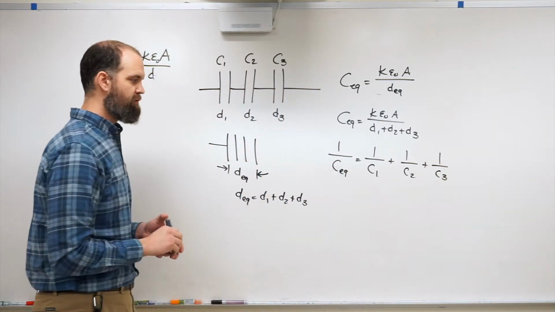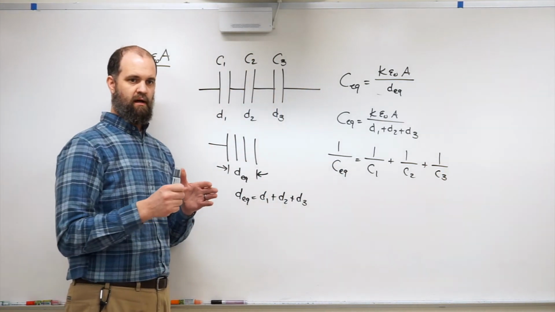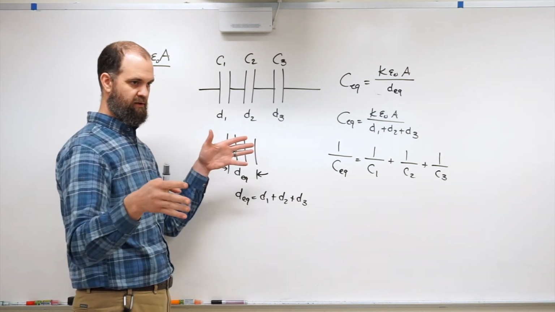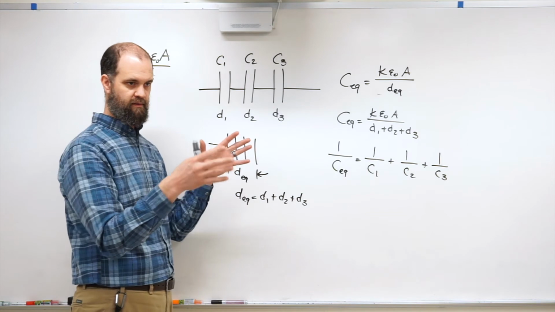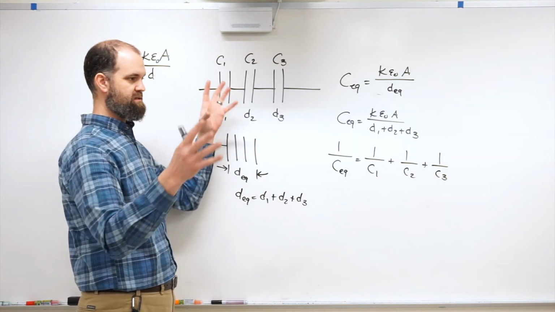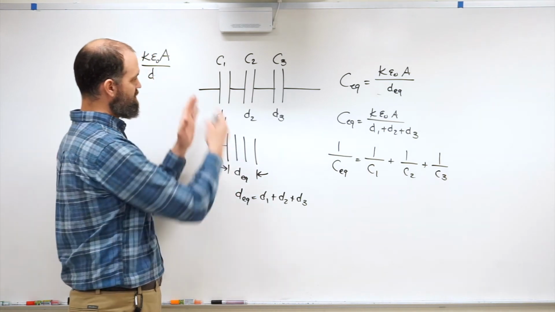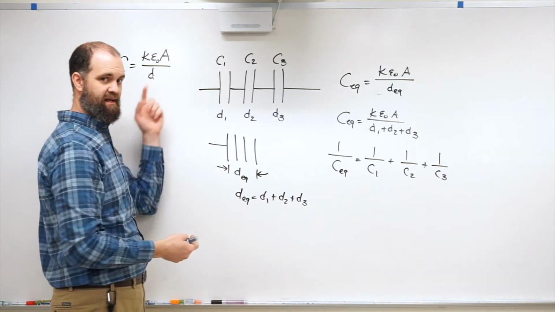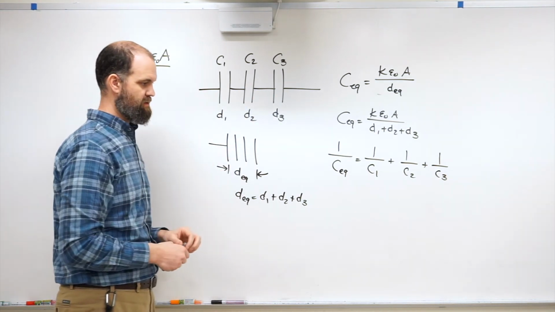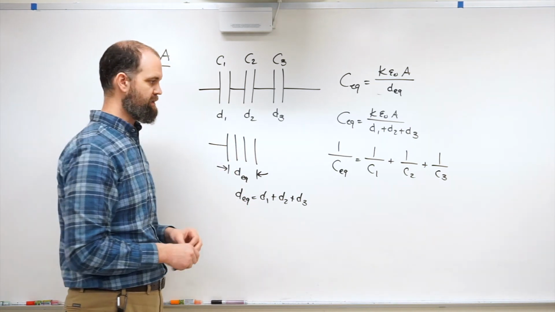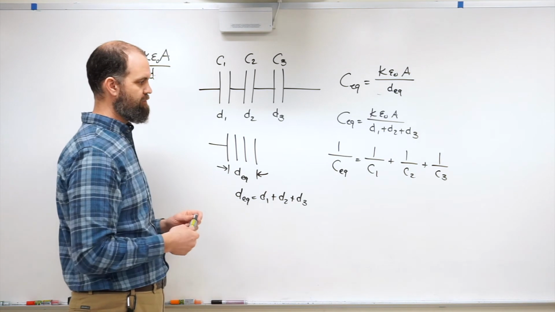Essentially the same rule as for adding resistors in parallel. For resistors in parallel, the area is getting bigger and so the areas add up, which means the resistance goes down. Here, the distance, which is in the denominator, is adding up, which means the capacitance is going to go down and decrease. We can store less energy here for the same amount of voltage.